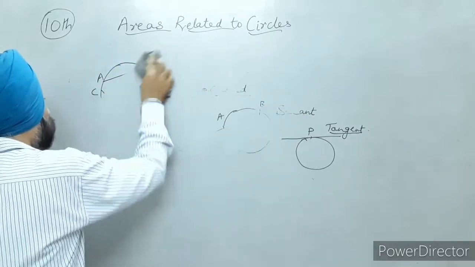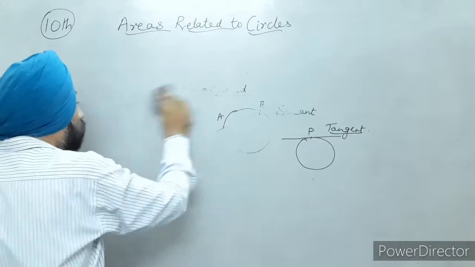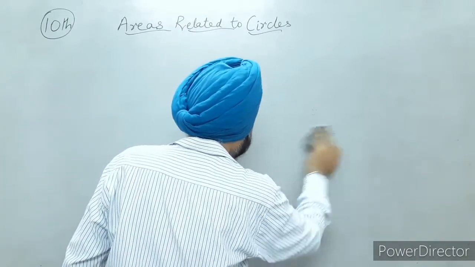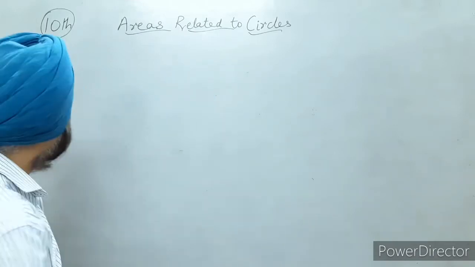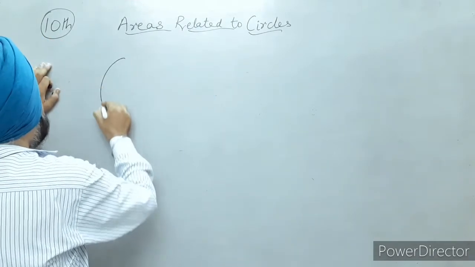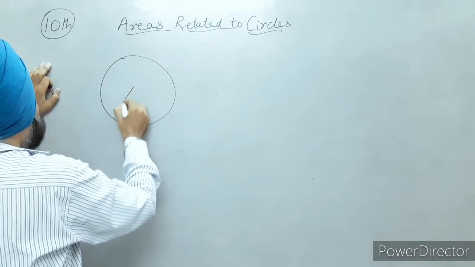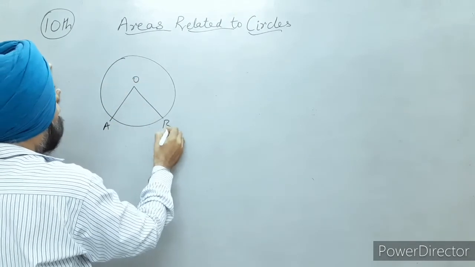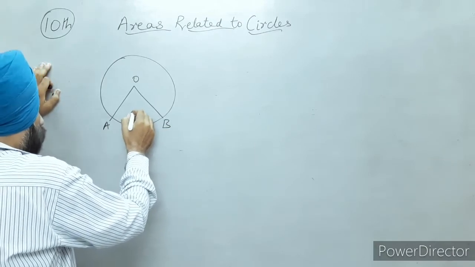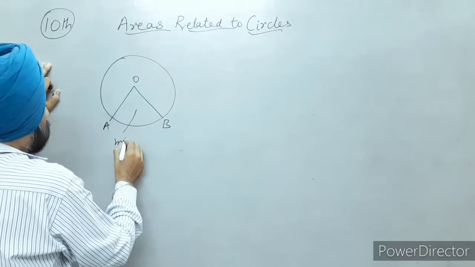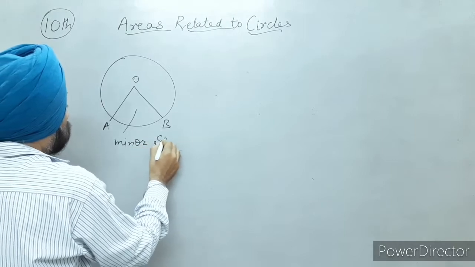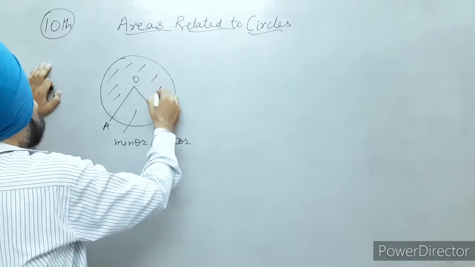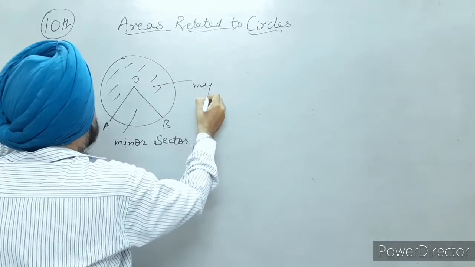Now I will discuss the formulas which will be used in this chapter. Now, one more thing before I write down the formulas. This is OAB. This is called the minor sector. And the remaining portion is called the major sector.